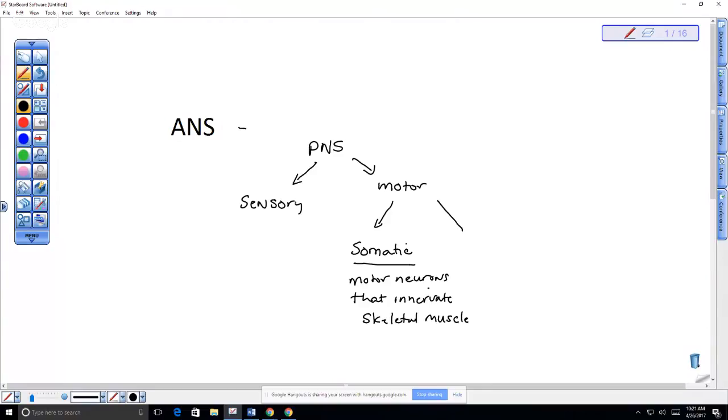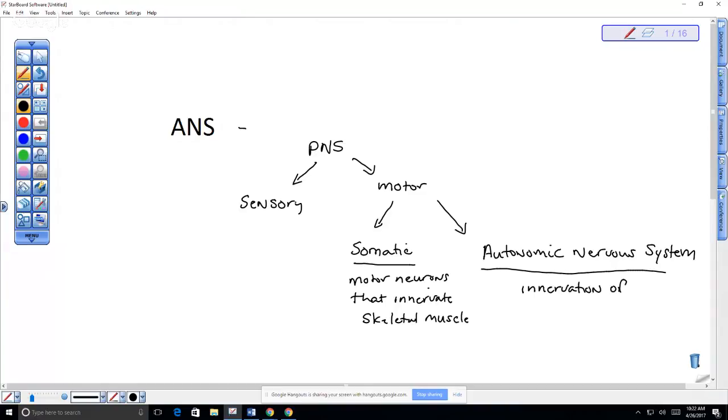And then here we have the autonomic nervous system, the ANS. And rather than including neurons that innervate skeletal muscle, this involves the innervation of organs that have smooth muscle in them.